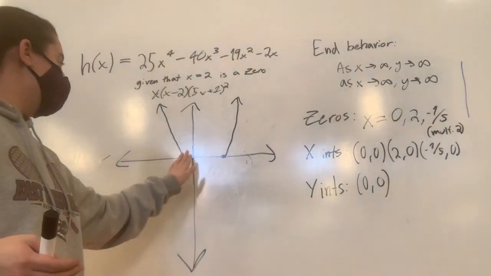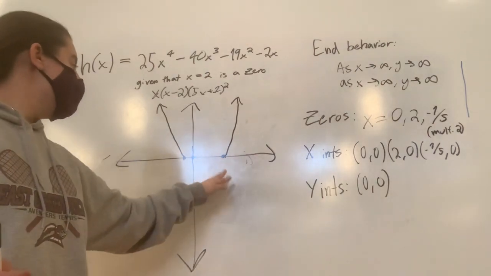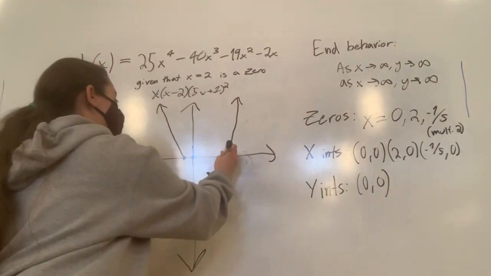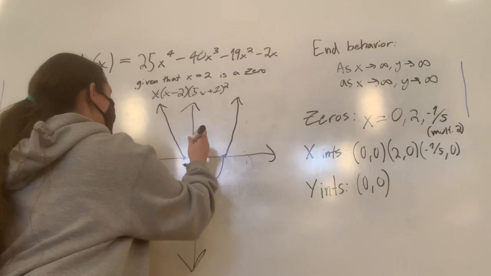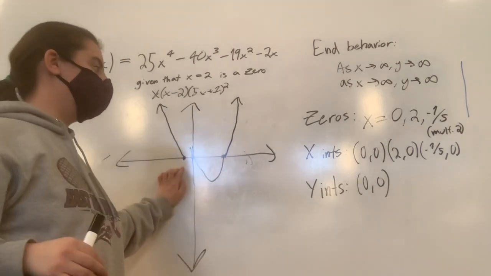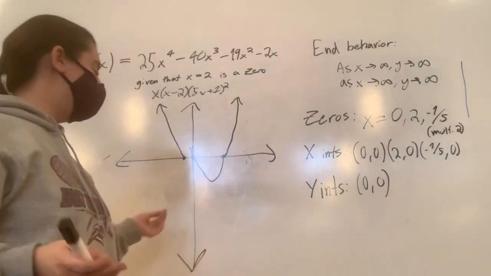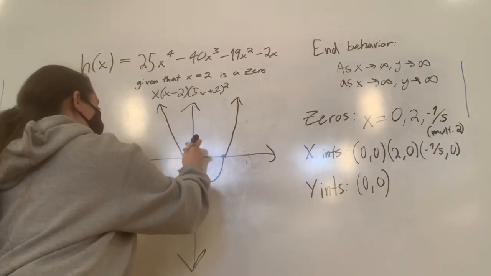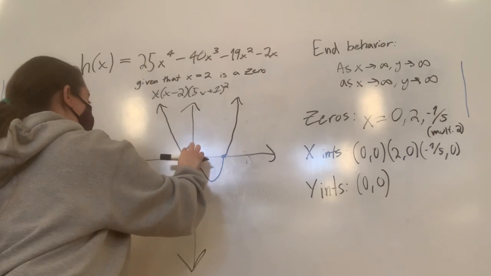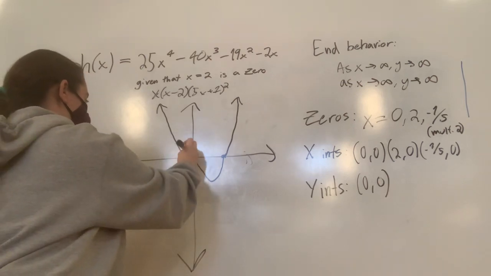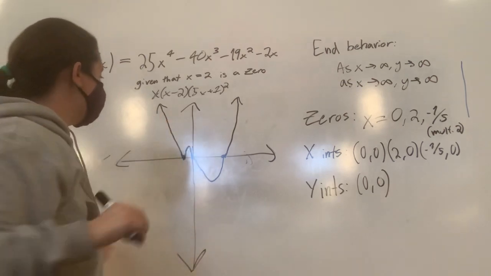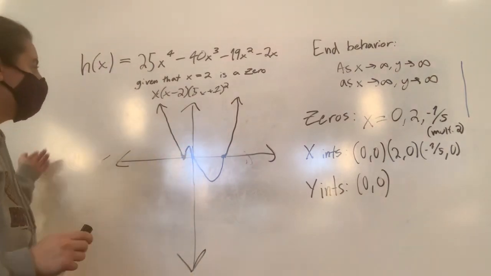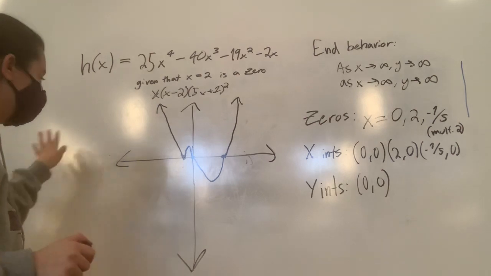At 0 and at 2, these are zeros of multiplicity 1, so the line is going to pass through these. But at negative 1/5, that's a zero of multiplicity 2, so instead of passing through, it's going to bounce off. It's going to touch the x-axis but not go below.